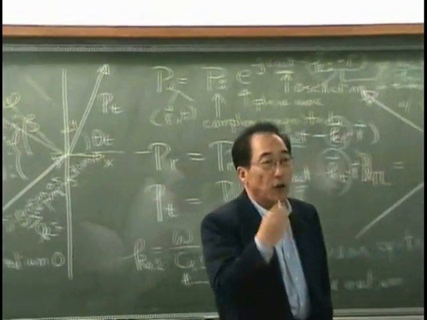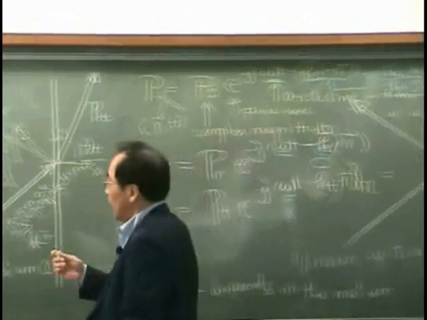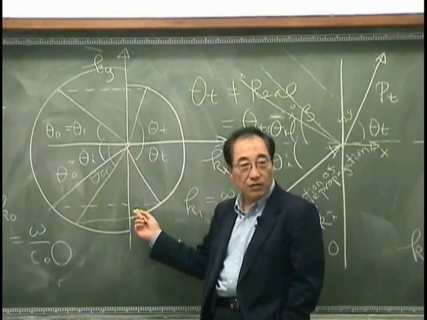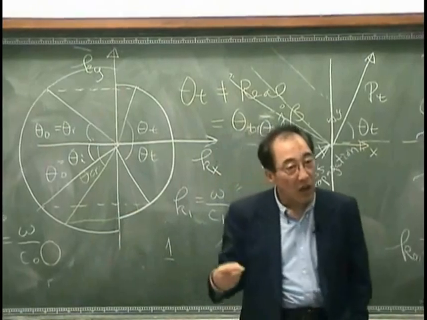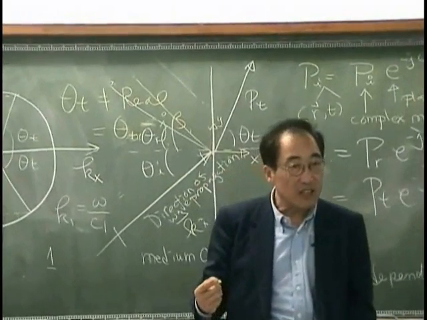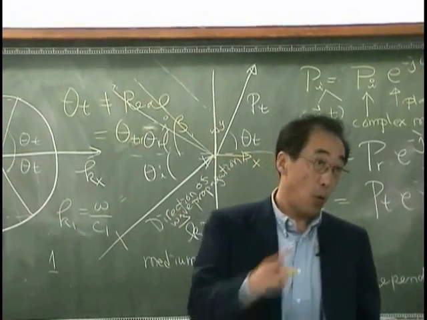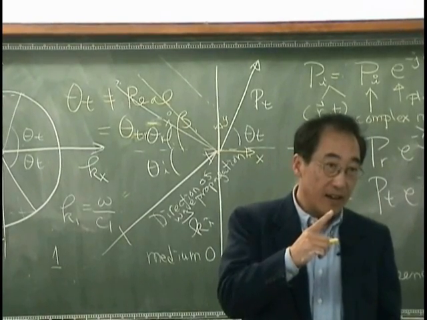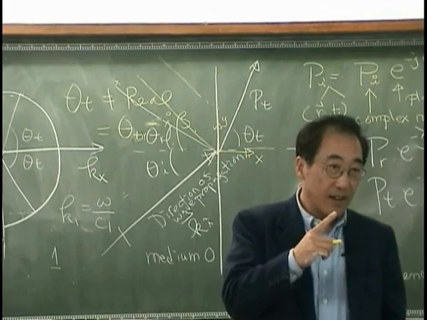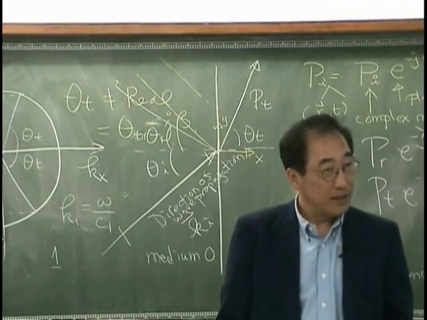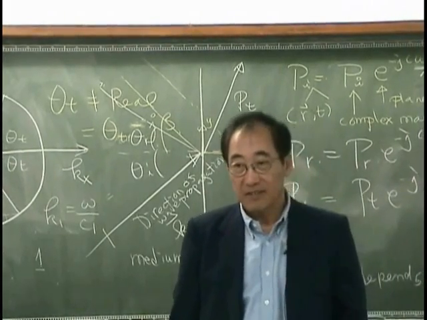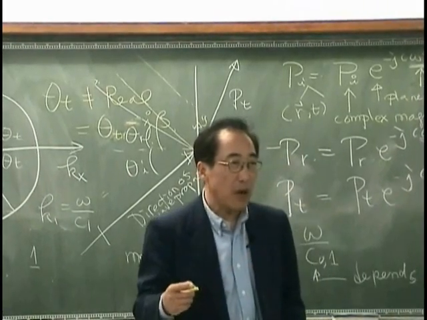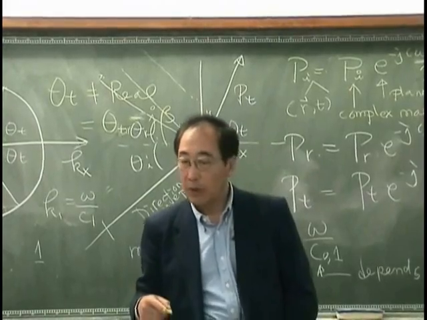Meaning that the only way to have this relation satisfied is by allowing theta t to have an imaginary part. Why? That will be a good question. I mean, you have to think about it. But if there is minus j beta, what happens?